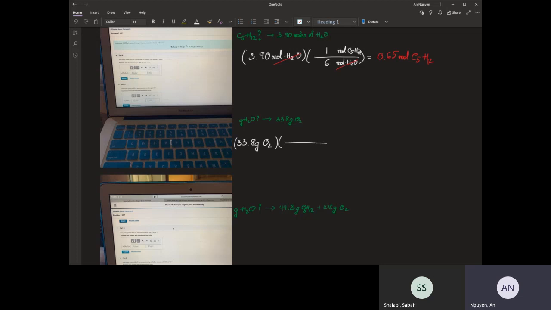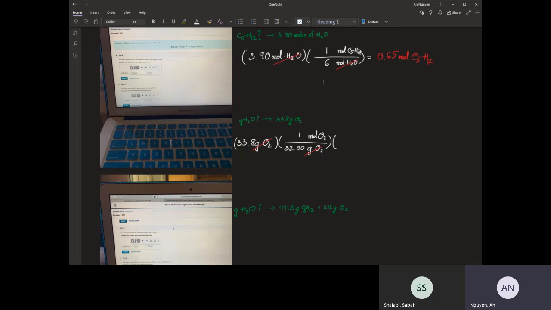First we have to convert that to moles of oxygen: for every 32.00 grams of oxygen, 1 mole, because each oxygen atom is 16.00 grams per mole, but this one is a diatomic molecule, so O2 has to be 32.00 grams per mole. So grams is out, and now we have moles of oxygen.